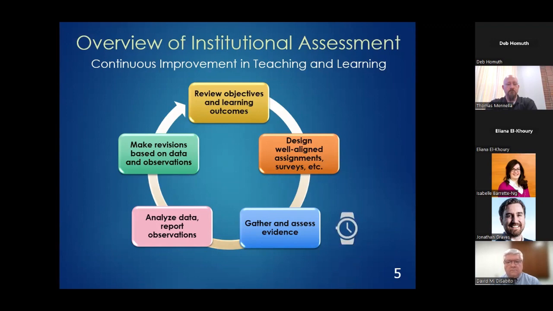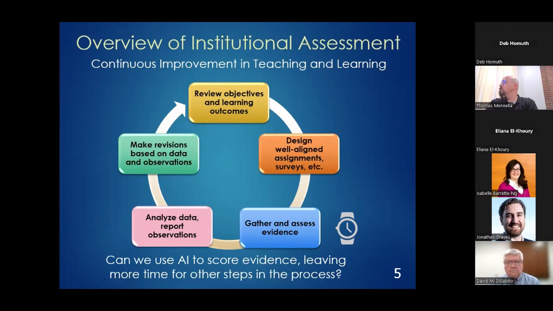As we have started our study here, we've been thinking about the time that goes into this, the commitment, and wondering, keeping in mind best practices, can we tackle some of the common challenges? Can we use artificial intelligence to score evidence, giving more time and more resources for other steps in the process?